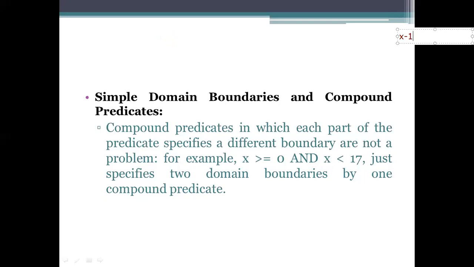In condition 1, we are providing x greater than or equal to 0. If x is greater than or equal to 0, then what could be the domain here? It is equal to 0, and the next representation will be infinity. So 0 to infinity is taken for the first condition.